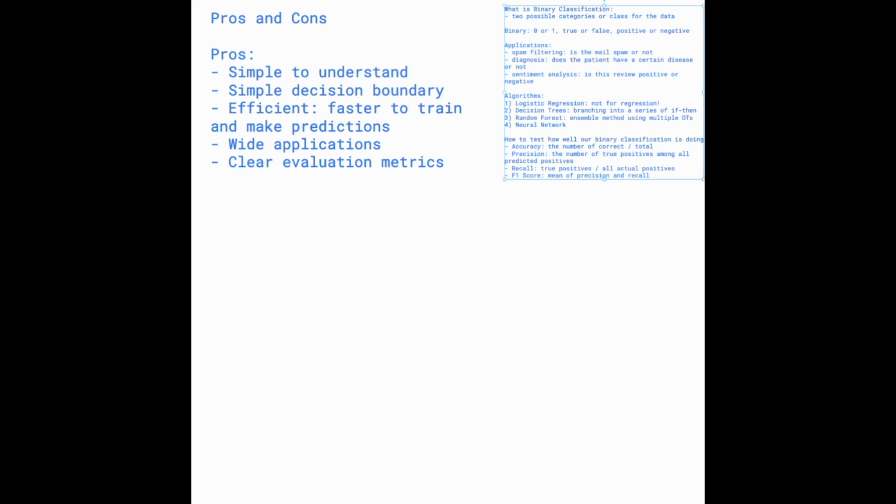However, there are also cons. There's always a problem of oversimplification, where you're categorizing everything into just 2 classes, and that can oversimplify complex problems that don't naturally have only 2 categories.